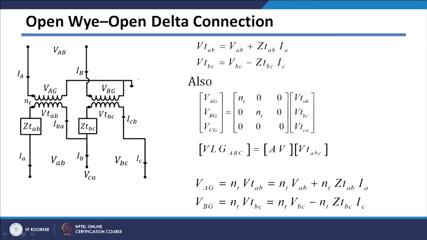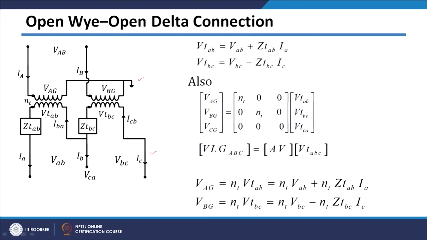In this case, again I am taking the transformer on the primary side which is Y connected, open Y, because the third transformer is not there. In this case the secondary is delta connected, open delta, because the third transformer is not there, which basically makes you delta closed.